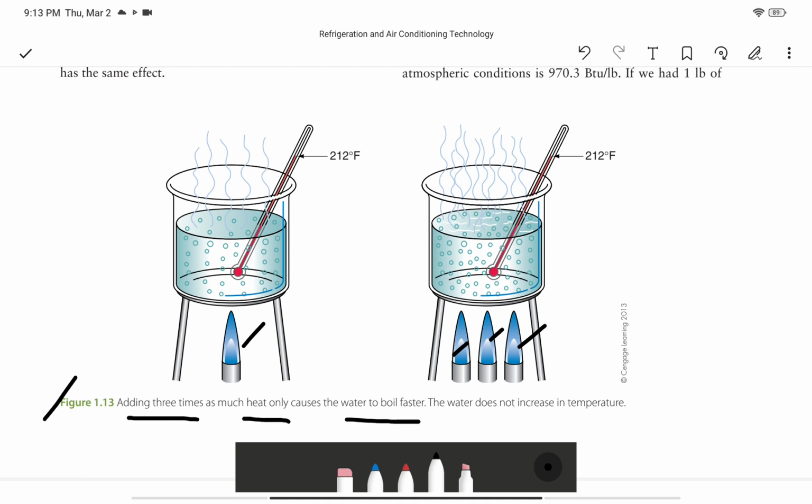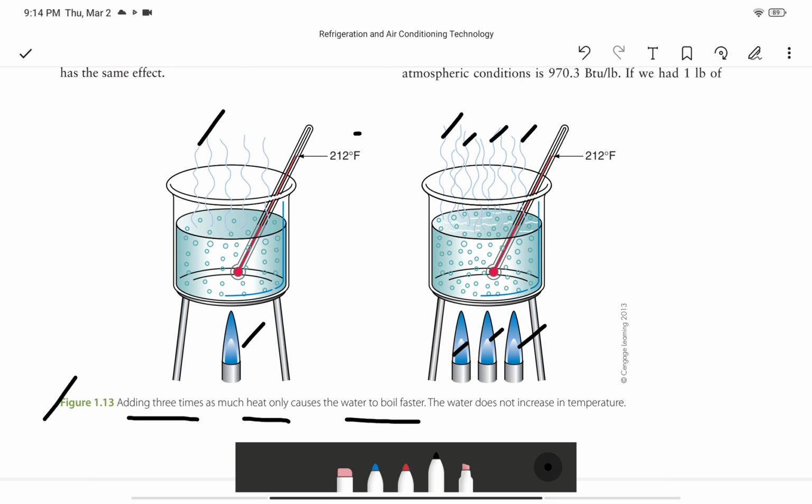Here you see it boils normally. When you add three flames, it is just an example by figure, the water boils fast.